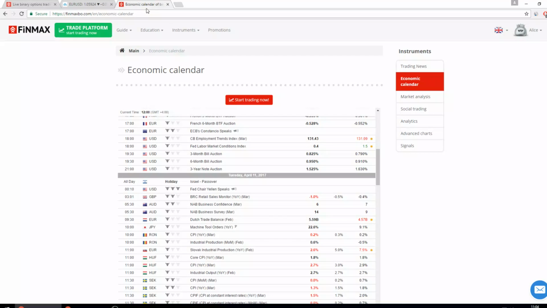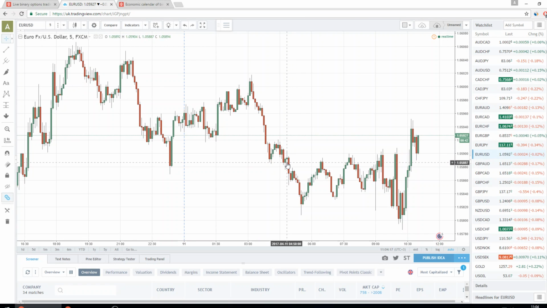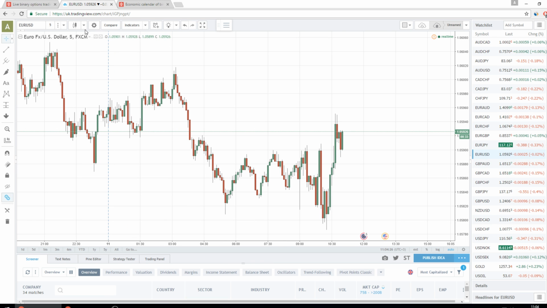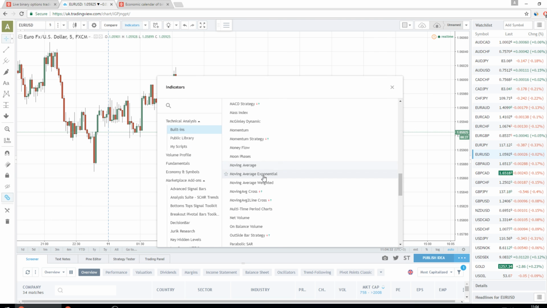Besides, this indicator can be added if you are using more advanced charts for deeper market analysis. Let's say on the TradingView platform we can also add a moving average.